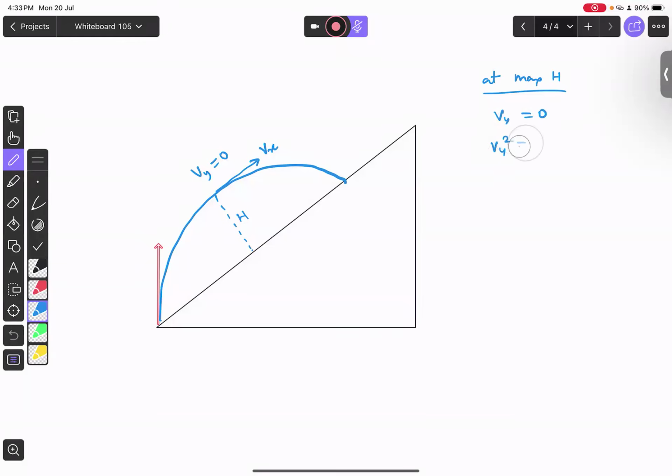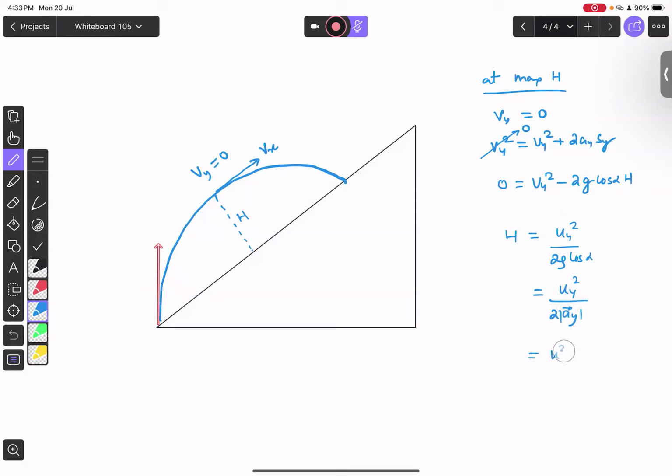Vy square equals Uy square plus twice of Ay into displacement along y. At max height, Vy is 0. So we get 0 equals Uy square minus 2g cos alpha into h, where h is the displacement at maximum height. So h will be equal to Uy square by 2g cos alpha, which is the same as the old result: Uy square by twice the magnitude of the acceleration along y.